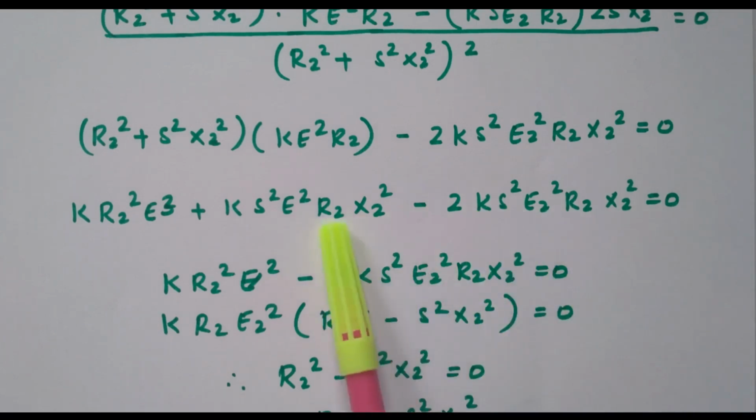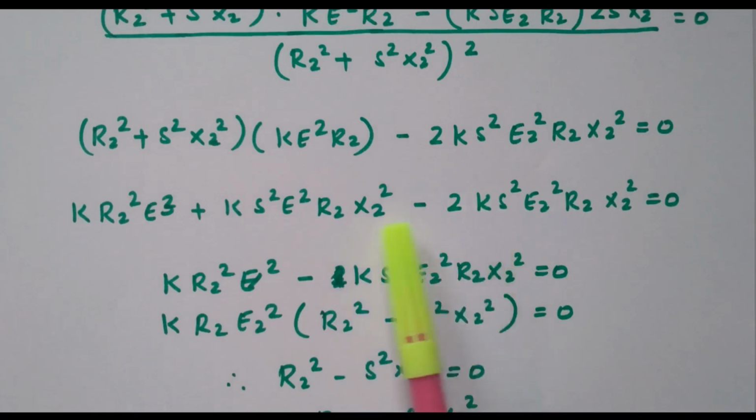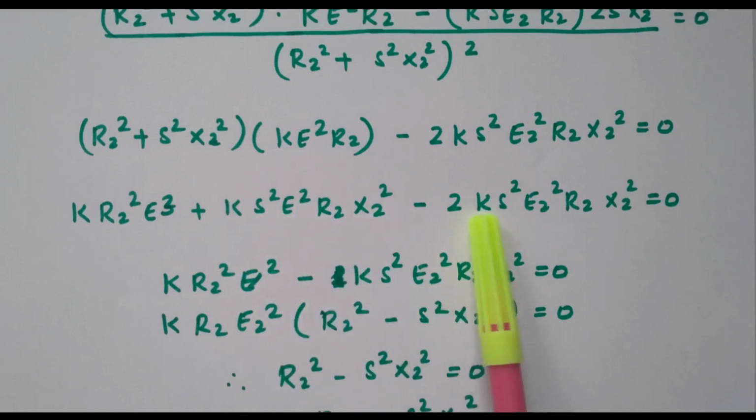This term is available two times. So 1 minus 2 means minus 1, right. This is 1, this is minus 2, 1 minus 2 is minus 1. So that K R2 square into E square minus this K S square E2 square R2 into X2 equal to 0.